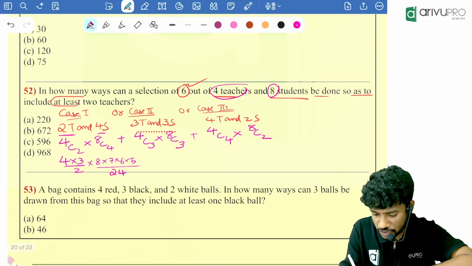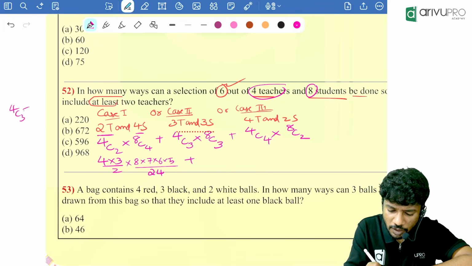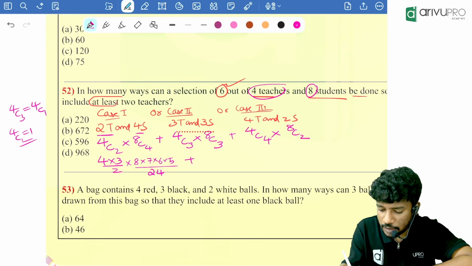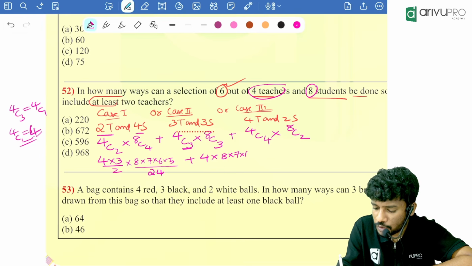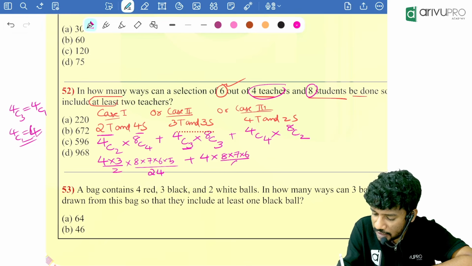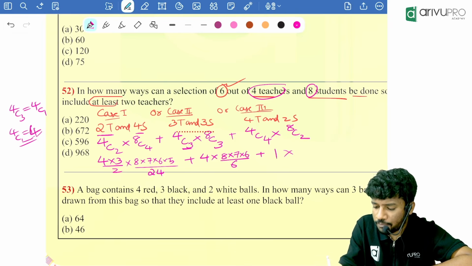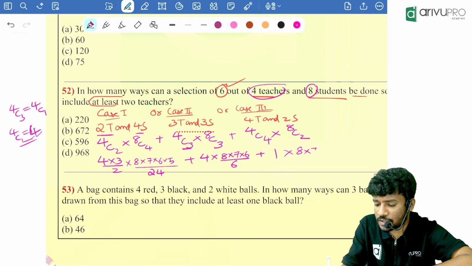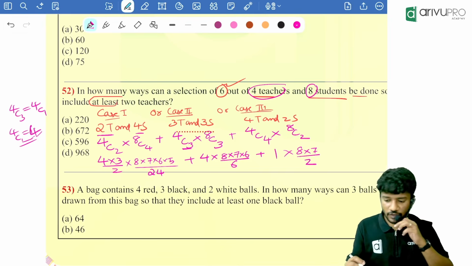Then plus 4C3, which can be written as 4C1, which is 4. So you can directly write 4 into 8C3, which is 8 into 7 into 6 divided by 3 factorial, which is 6. Plus 4C4 is 1, into 8C2, which is 8 into 7 divided by 2. Take your calculator, start solving this.